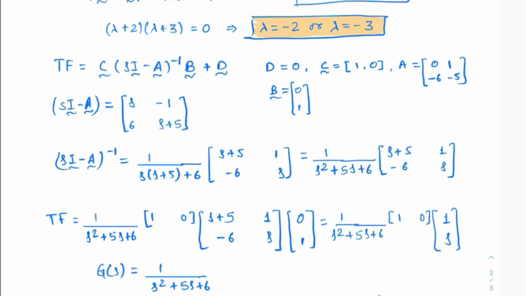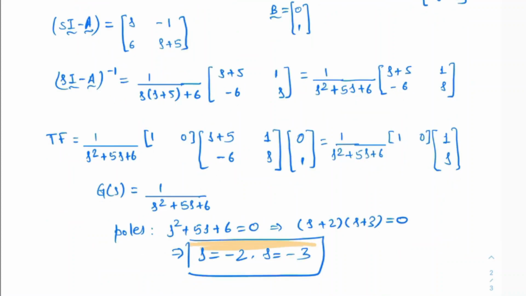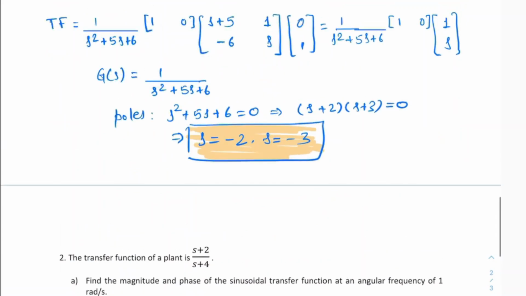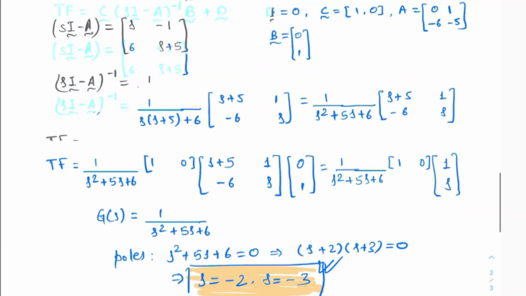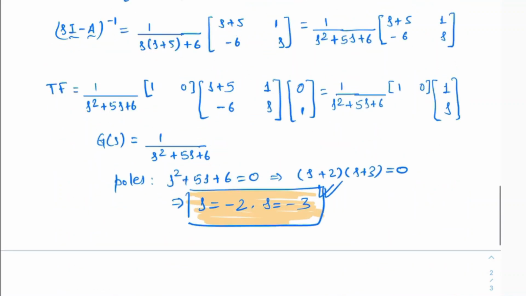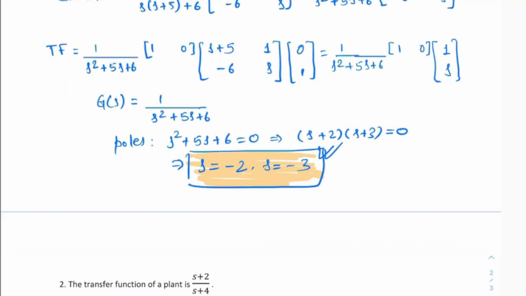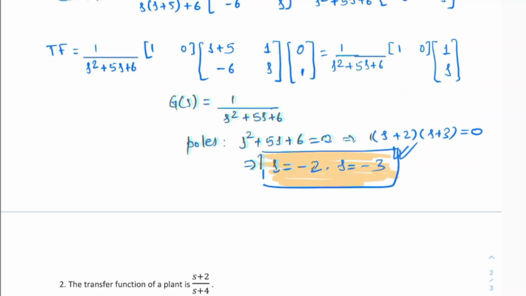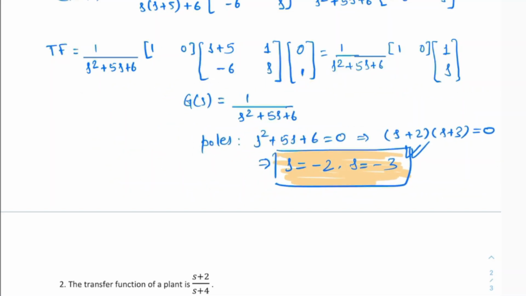Let's highlight this. If we take a look at the poles, and at the eigenvalues of matrix A, they are essentially the same quantities. Let's make a note here somewhere. Let's use red.